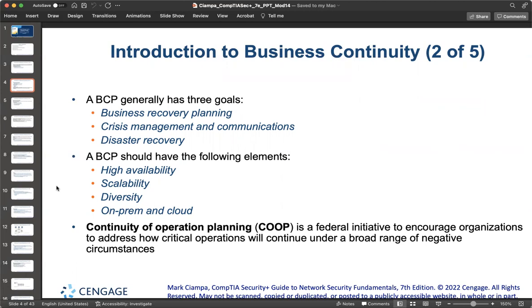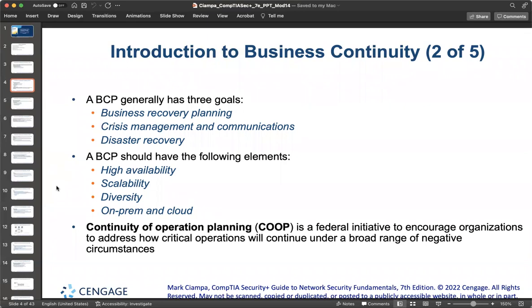Diversity, basically just betting on different solutions for conducting the same task. And then discussing how the backups and the redundancies are going to be. Are those going to be on-prem devices that take over for the other device's failure, or are those going to be cloud-based devices that take over for the same?